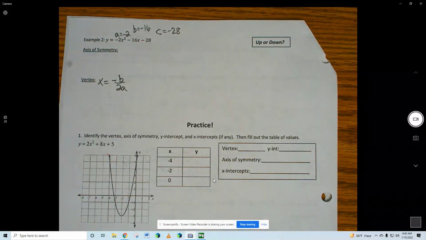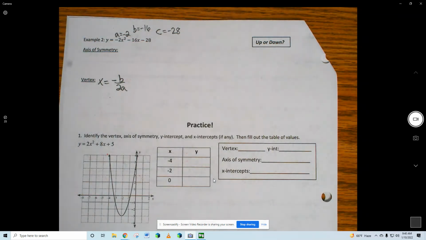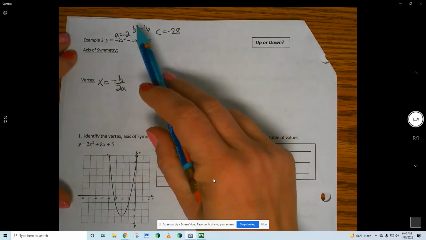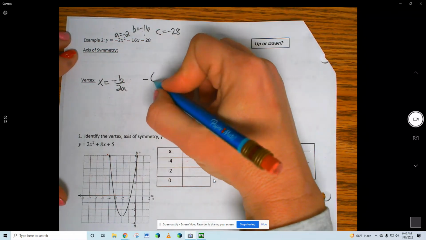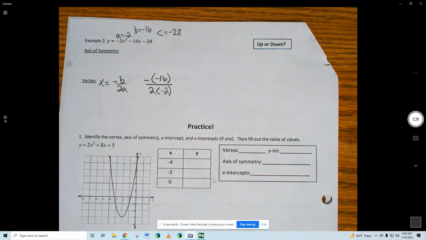What if my b is already negative? Negative b. Negative negative 16, over 2 times negative 2. Careful.